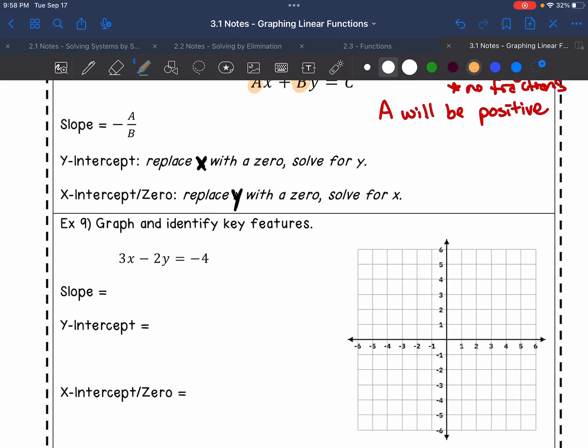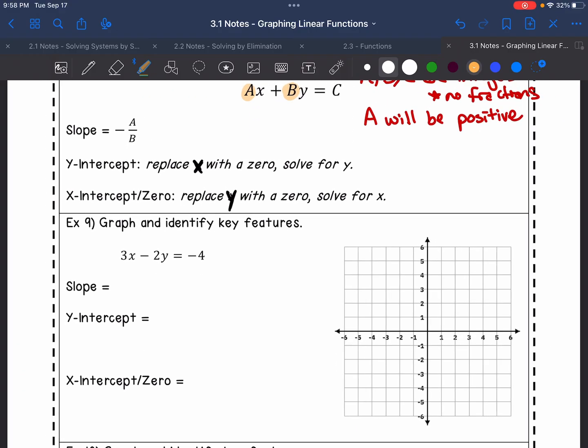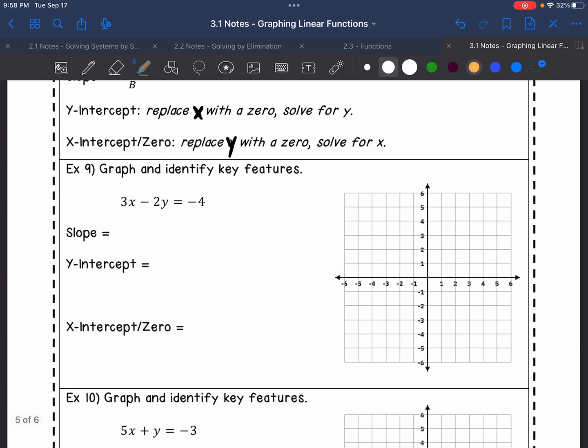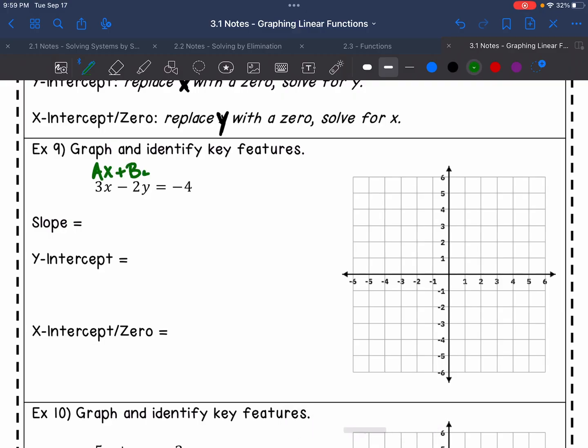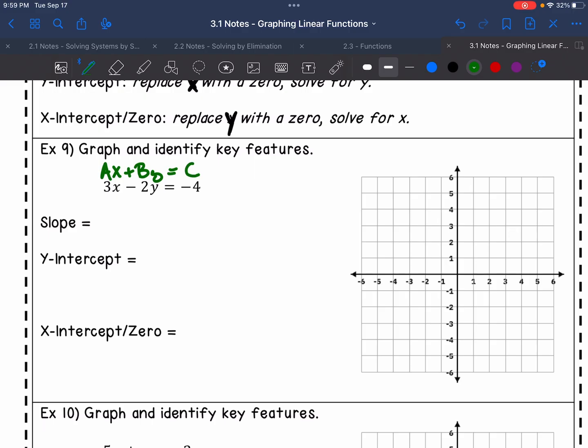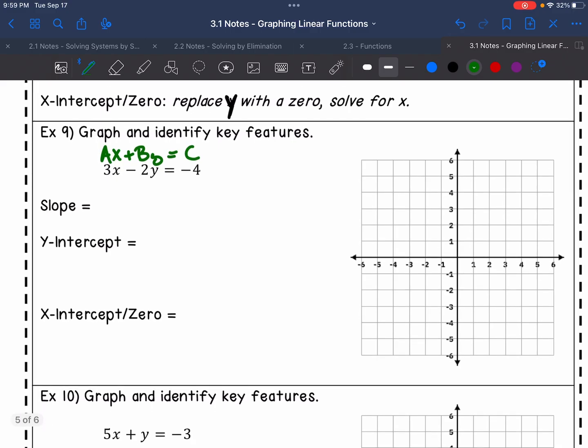All right, so let's talk about what this looks like. So we've got our standard form, ax plus by equals c. So our a is 3, b is negative 2, and c is negative 4.